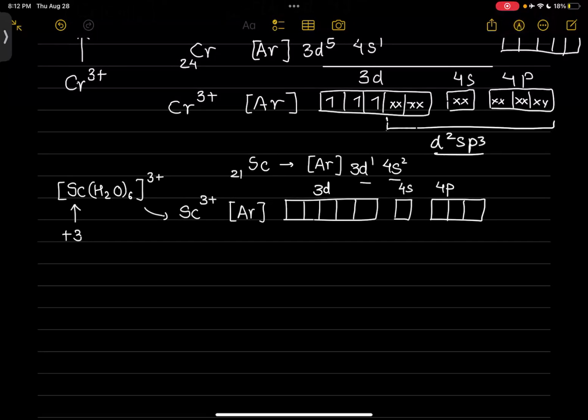The 3d, 4s and 4p are completely empty because there was only a single electron in 3d, and that also was removed while making the scandium 3 plus ion.